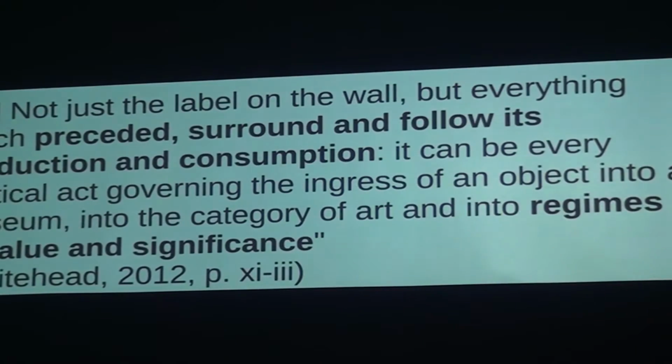And then he goes even further and says that interpretation doesn't only include how art is hung within a gallery space like we're in right now, but it actually includes everything that put the object into that space. And he calls that the ingress of the object, and all the social and political acts that do that. So it's everything which preceded, surrounded, and followed its production and consumption. So he said that's all included and embodied in the interpretation somehow.